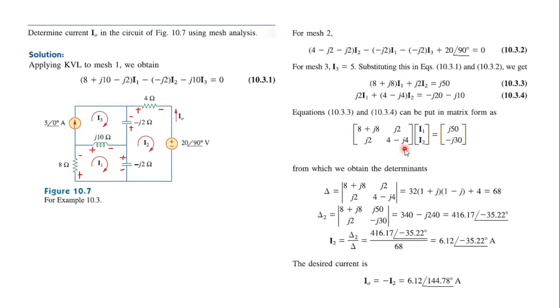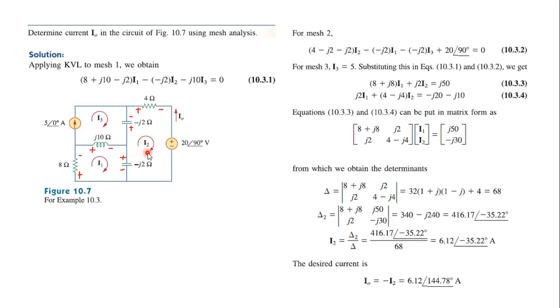Now we have to find the value of the determinants. Let us find delta first: simplify the complex numbers and find the value. Next we have to find del 2. Here they have asked for the value of current I0. I0 is flowing here, which is in mesh 2. Current I2 flows in this direction and I0 flows in this direction, so both are in opposite directions. So I0 can be written as minus I2.